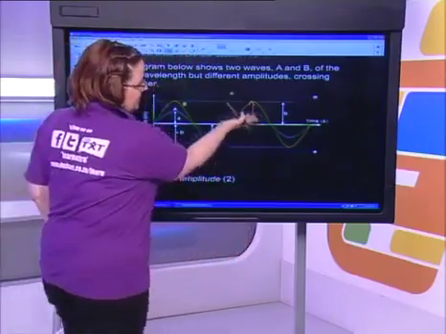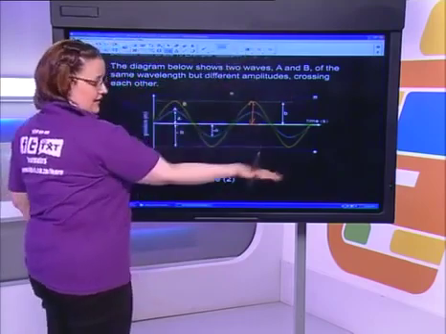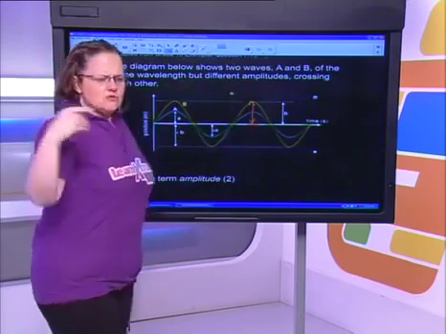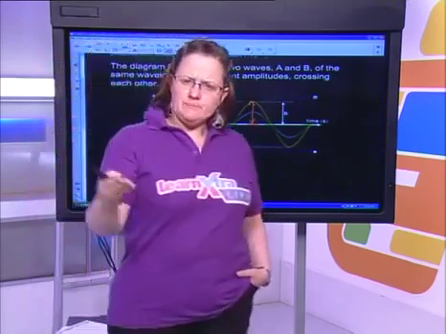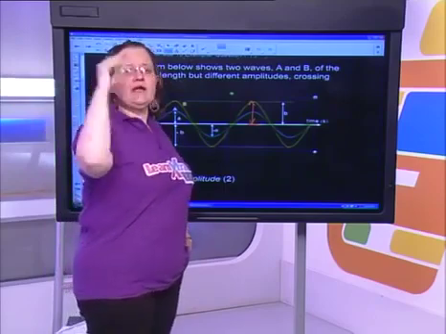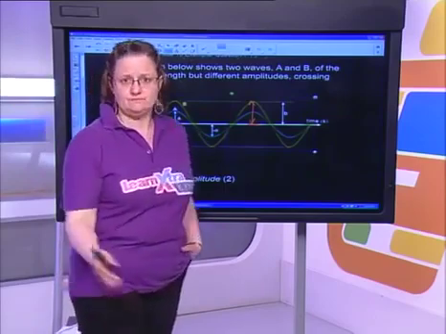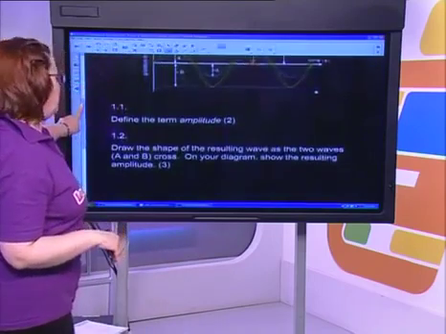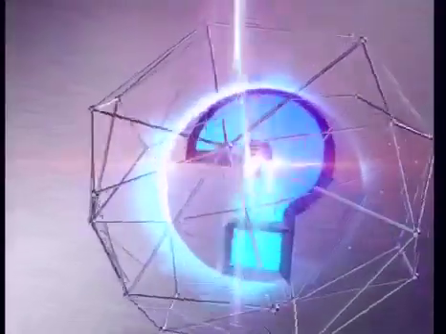Okay, and that displacement can either be positive or negative, depending on whether it's a crest or a trough. So the way we would define it is we would say amplitude is the maximum displacement of the wave from the rest position. Nice and easy. Now they say to us, draw.